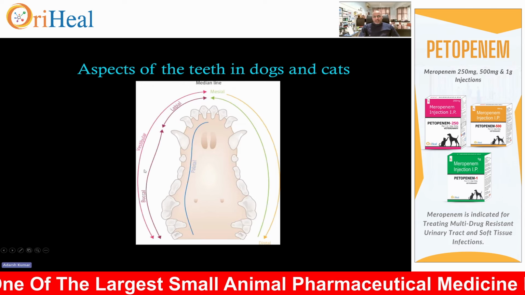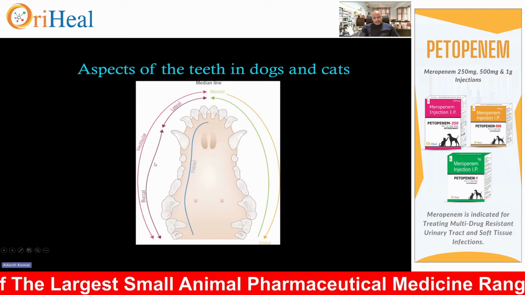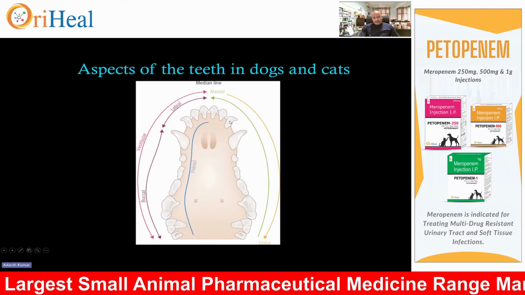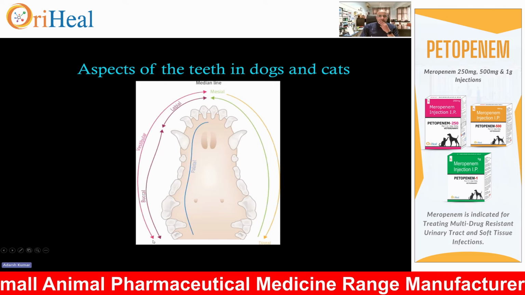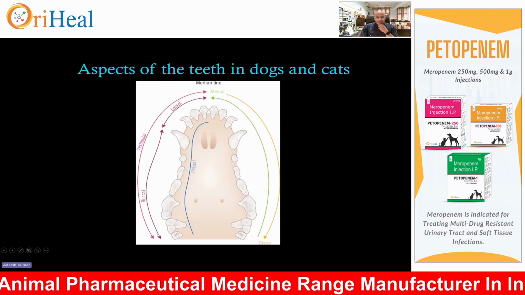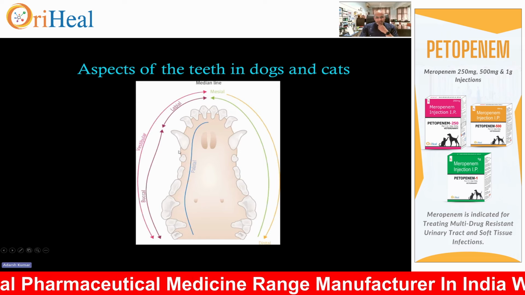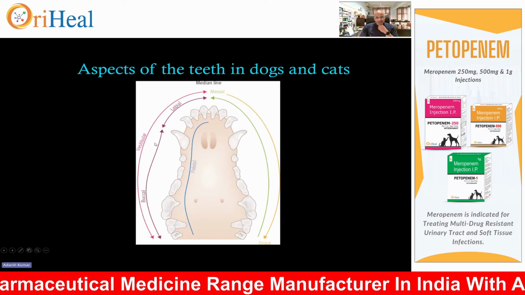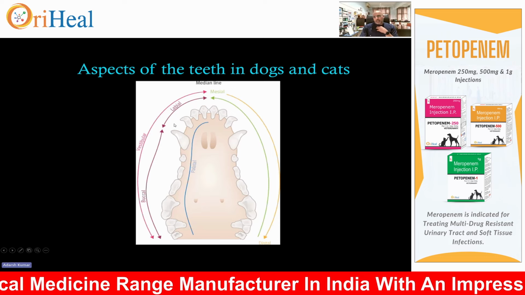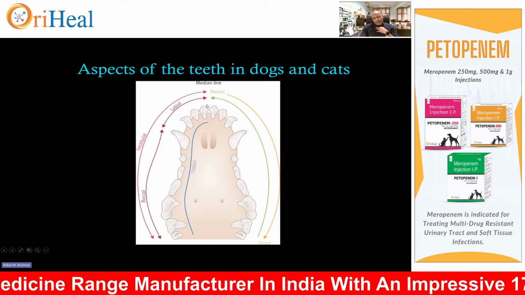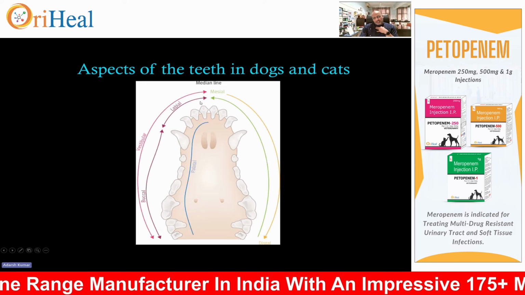Let's say this is the whole vestibule of the oral cavity when you see from inside. Now, the surfaces of the teeth which are facing the cheek are buccal. Those facing the lips are the labial part.